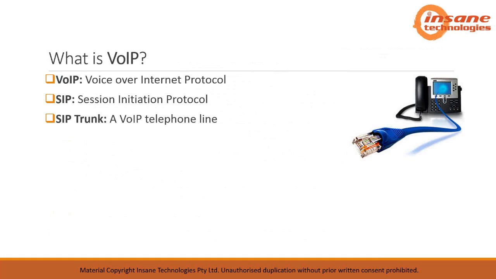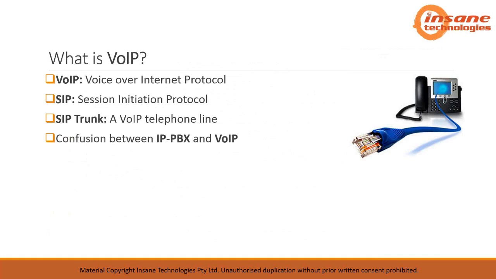When you look at buying VoIP services from a VoIP service provider, you'll typically purchase what's called a SIP trunk. A SIP trunk is basically a telephone line. If you want to look at it as an analog line, a SIP trunk is equivalent to having one analog or digital telephone line.